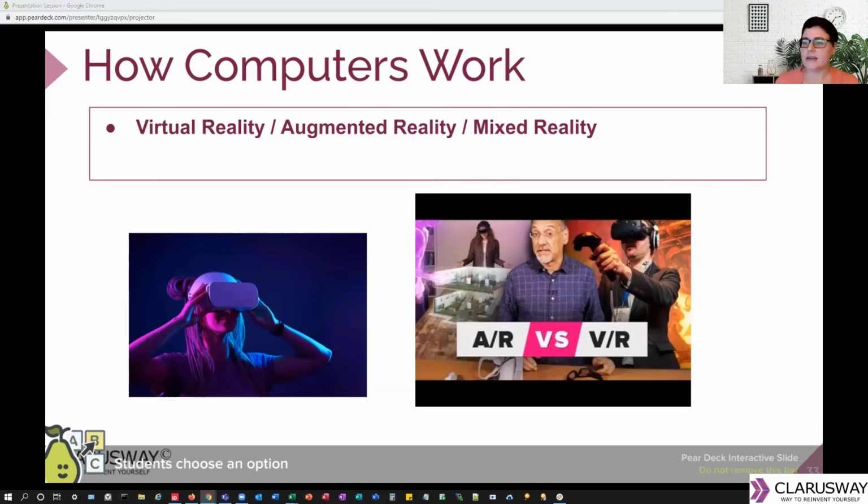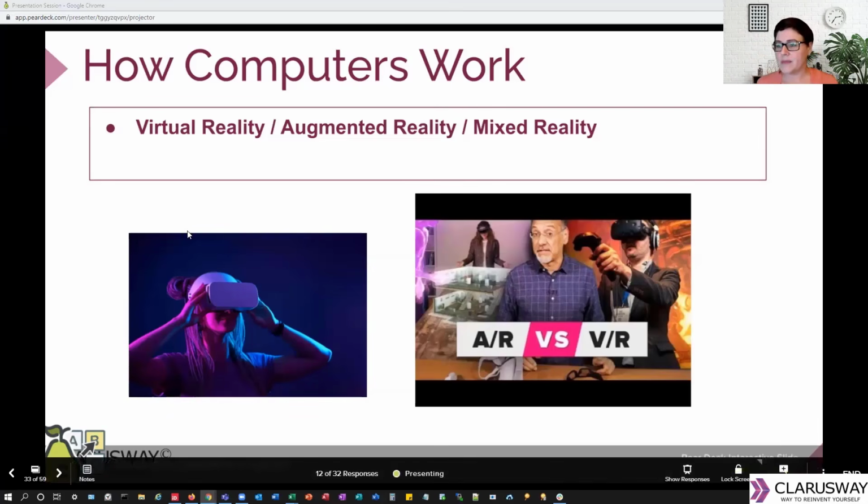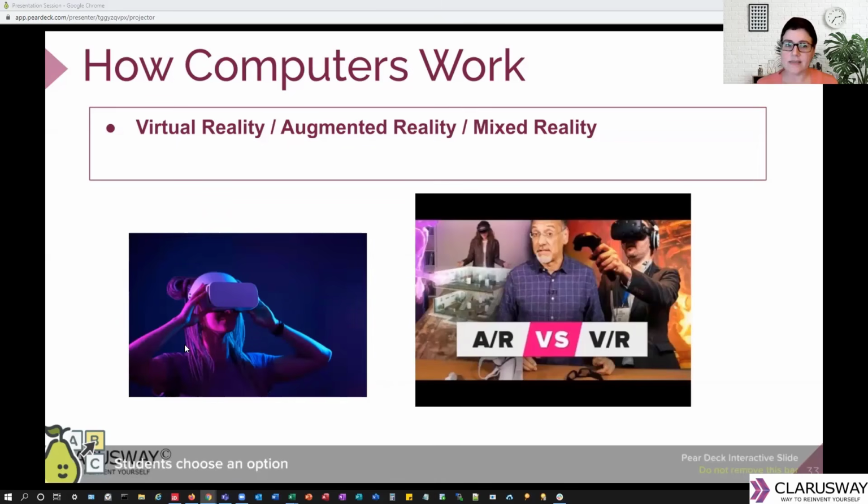And the input for these types of technologies, of course, you have a computer that you're using, whether it's your phone, or you can see this mask on the left here. It could be a mask setup like that. There is the Nintendo Wii, and that uses a couple of joysticks that you hold in your hand.